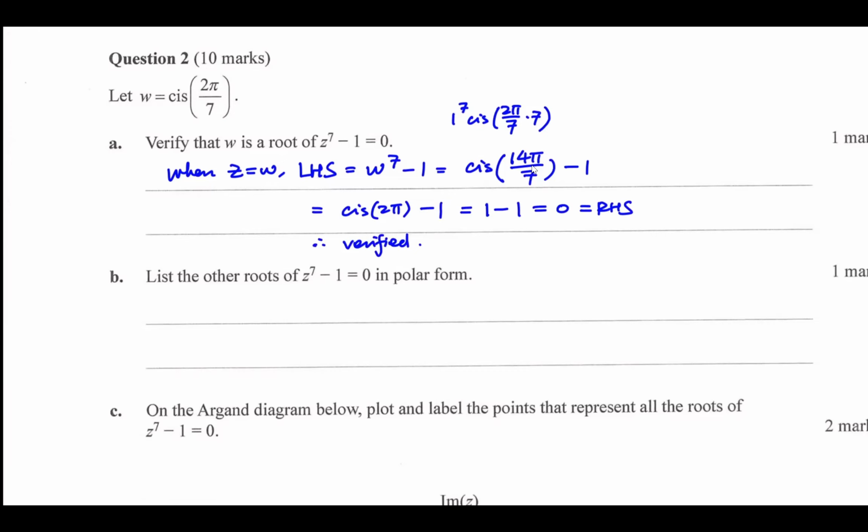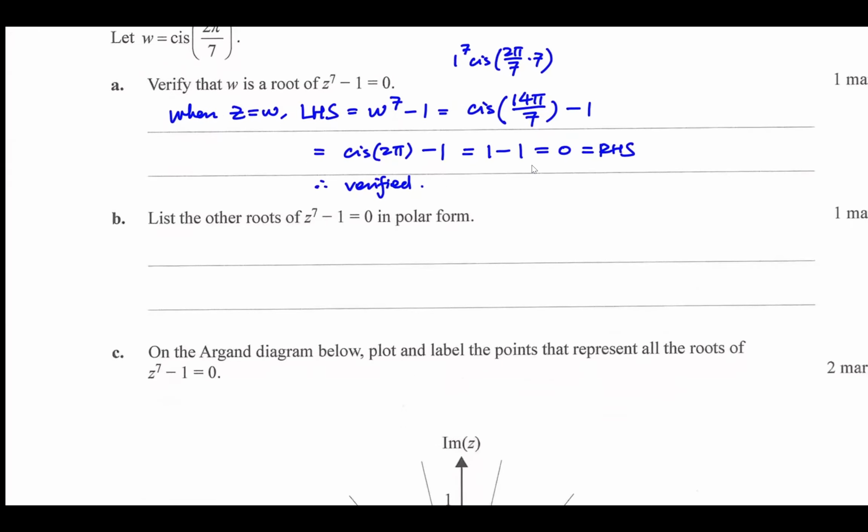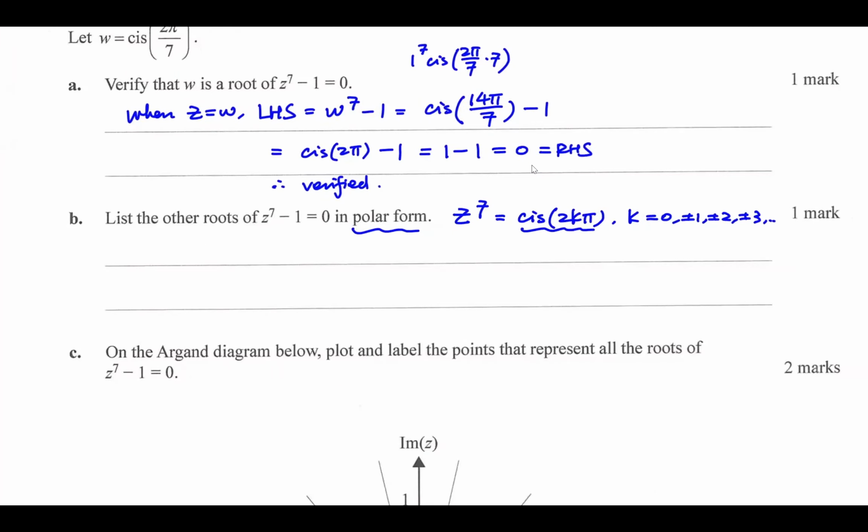Okay, the next thing is to list the other roots of z to the power of 7 minus 1 equals 0 in polar form. So basically, this is saying z to the power of 7 equals cis 2k pi, because cis 2k pi is 1, and k is going to be 0, plus or minus 1, plus or minus 2, plus or minus 3, etc. But we only need, for example, 7 distinct k values, because the maximum number of distinct solutions is 7, okay?